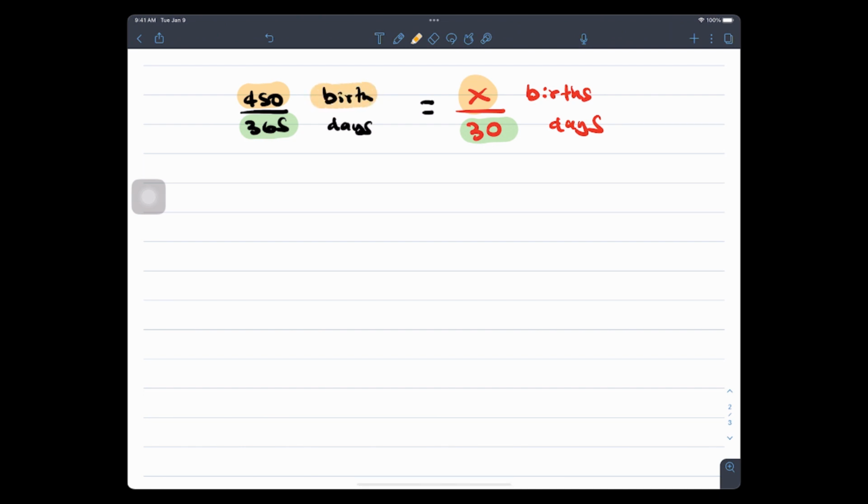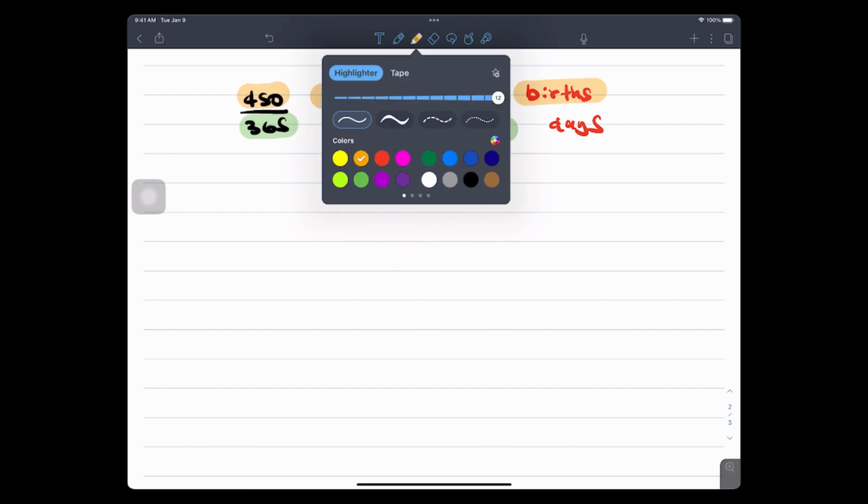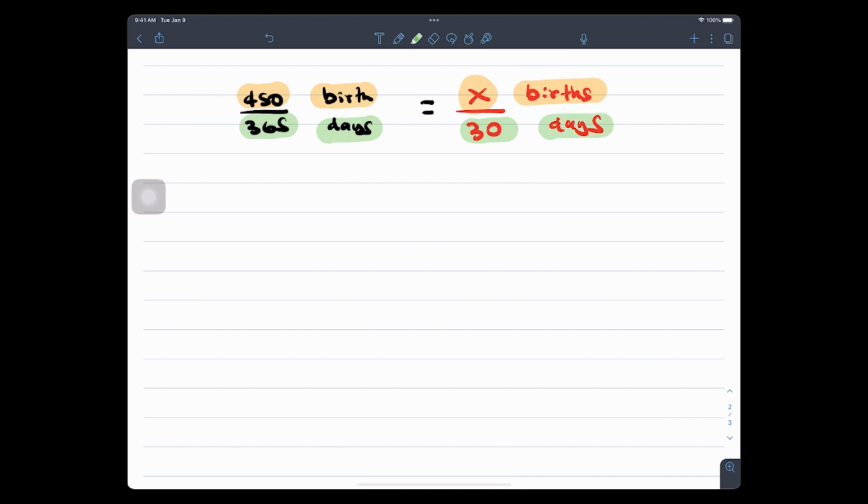If birth is on top, it's on top over here. If days are on bottom with the first fraction, they're on bottom over here. So what this really is the rate of 450, which, yes, that's births, to 365. Yes, that's days, x to 30.